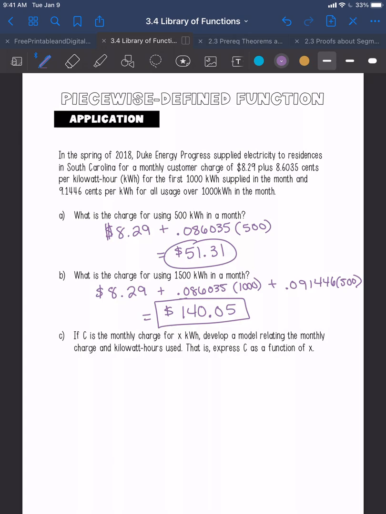Part C here, if C is the monthly charge for X kilowatt hours, develop a model relating the monthly charge and kilowatt hours used. That is, express C as a function of X. Okay, so now we're writing the model for the function.